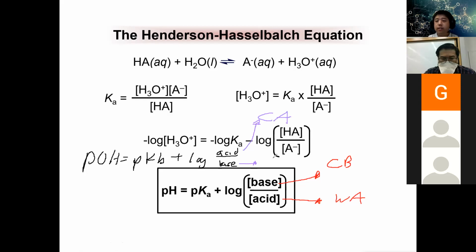And this is the weak base, okay? Remember, our buffers can be made up of two things: weak base plus its conjugate acid, or weak acid plus its conjugate base. So this is the equation you would use when you're solving for a weak base conjugate acid buffer. And this is your weak acid conjugate base equation. Now remember, these equations can only be used for buffers. If you just had a weak acid or just a weak base, it would not be used.